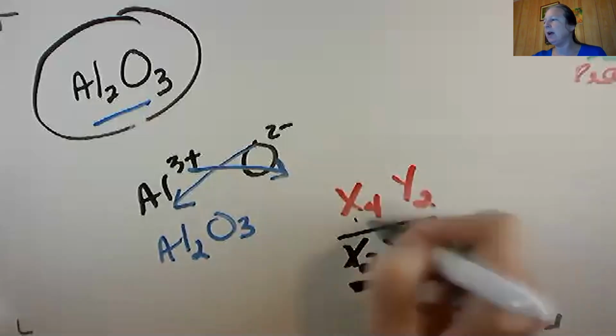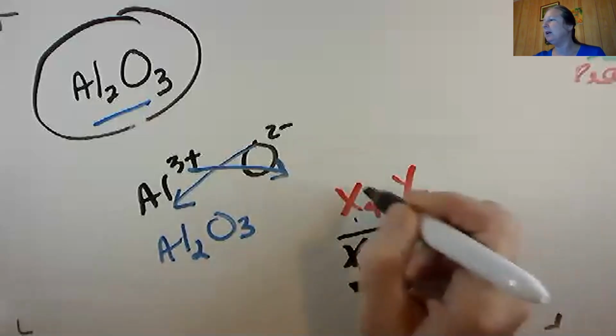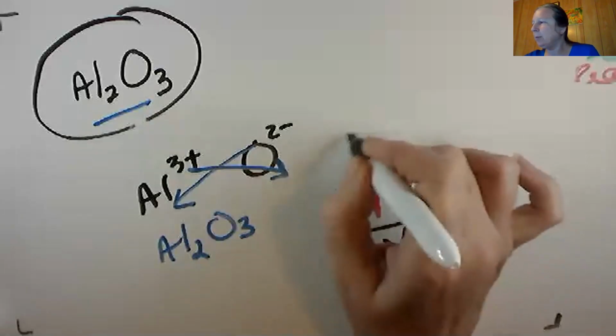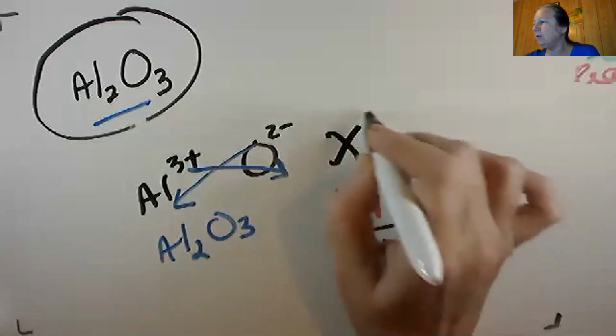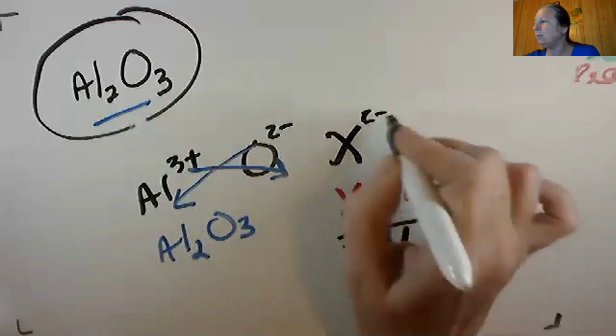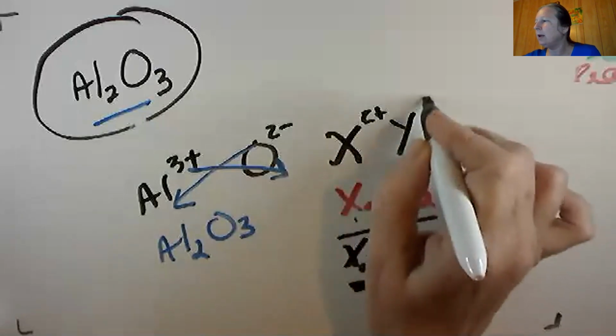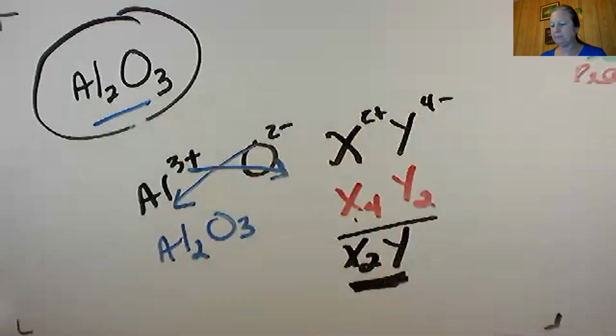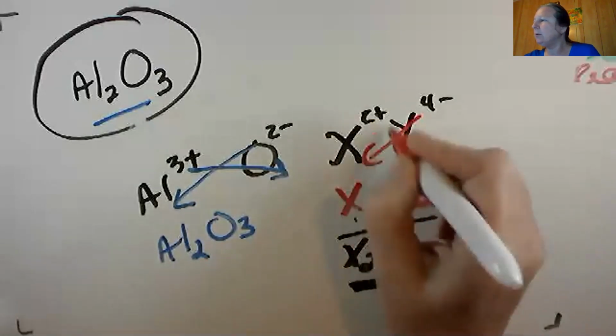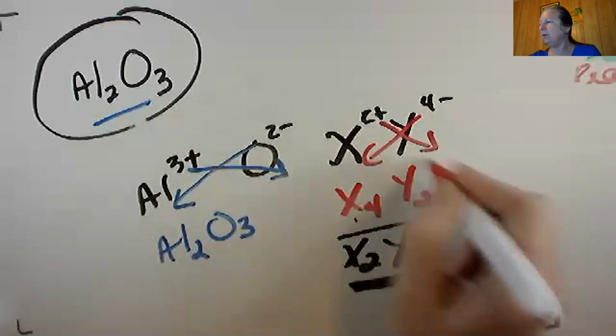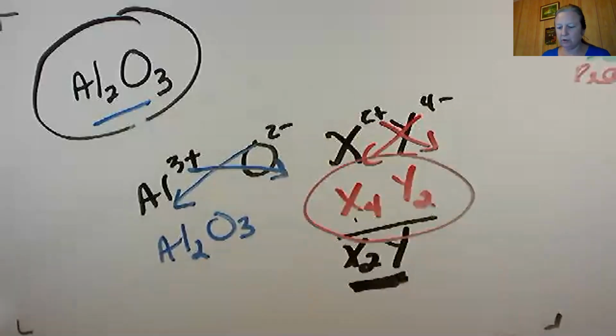So if you do the X, like I said, I made this up, but if I had, we'll go back up here, X had a 2 negative charge and a 2 plus charge, and Y had a 4 negative, right? And I crisscrossed, and I got this. Continue reducing until you have the lowest ratio.